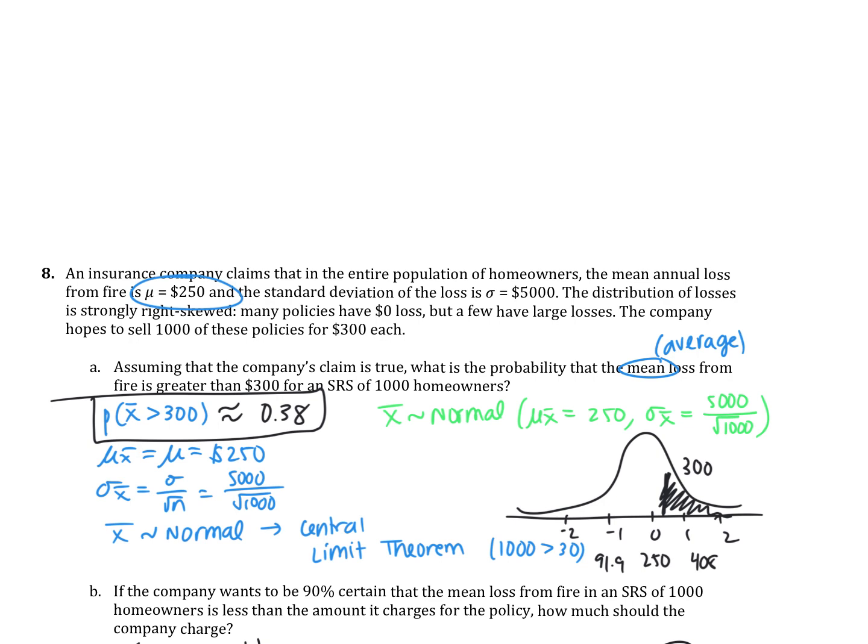They're going to be losing money. Okay, this does not mean 38% of the time they're losing money. It does not mean that 38% of the insurance claims are losing money. What it means is if we look at 1,000 homeowners a whole bunch of times, 38% of the time the company is losing money.